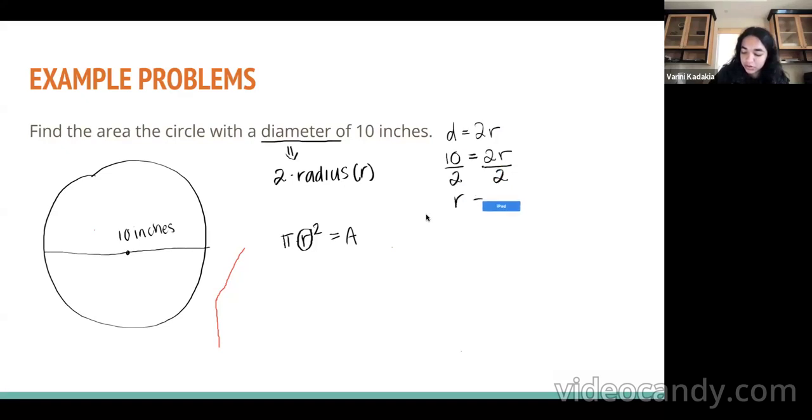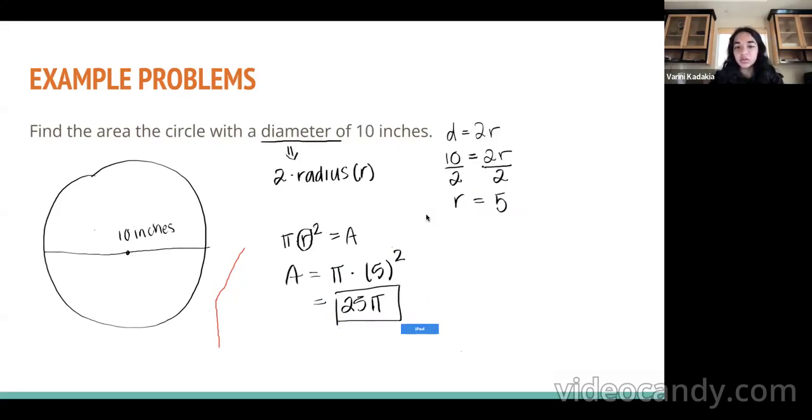We get r equals 5, right? So within the formula, we can just plug in 5. So we get the area equals pi times 5 squared, or 25 pi. Does that make sense?